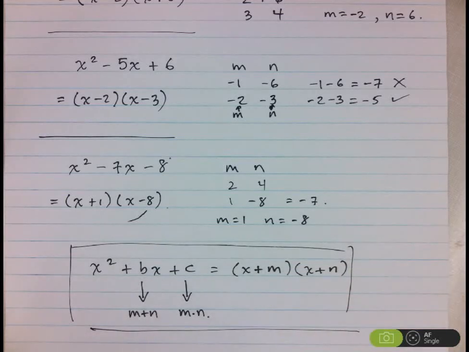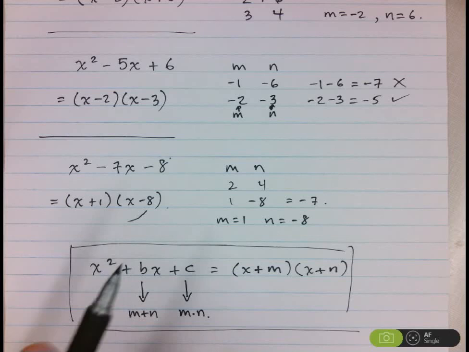And one word of warning: just because you have an expression in this form, it doesn't mean it can be factored all the time. Not all of these expressions can be factored, but quite a few of them can. So please do as many examples as you can in order to learn this.